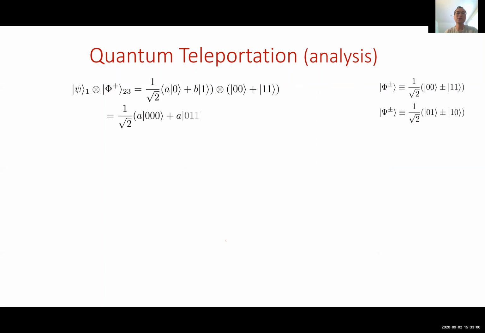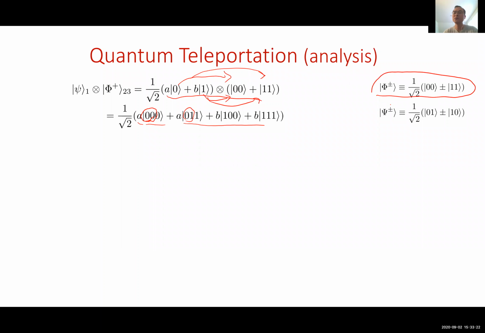So this really is just algebra. What I'm doing is unfolding this into a sum of 4 terms. I just redistribute everything. And I'm going to rewrite it, because I want the first 2 particles in the state of this basis.